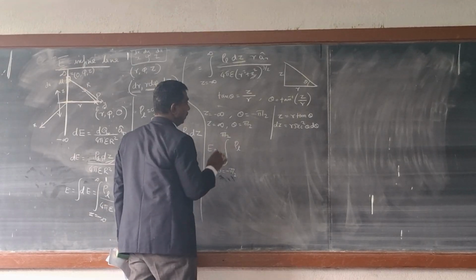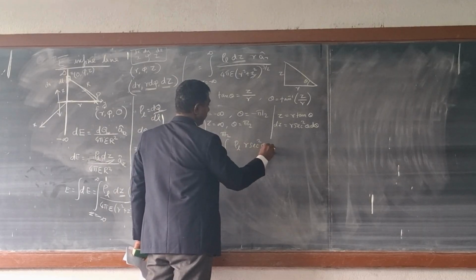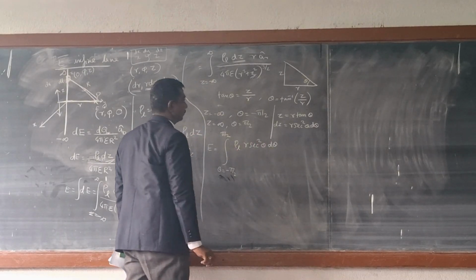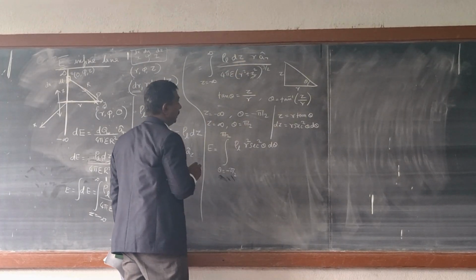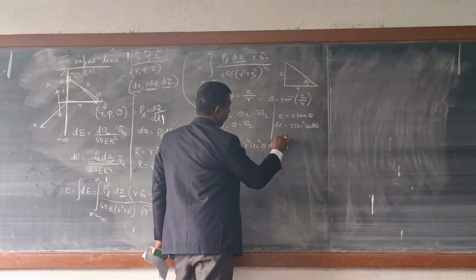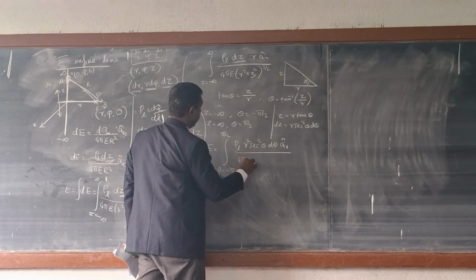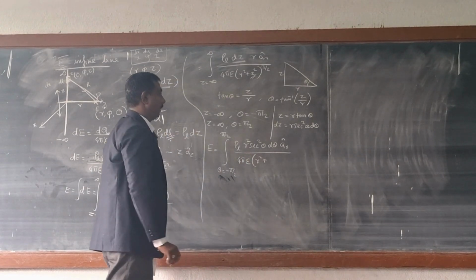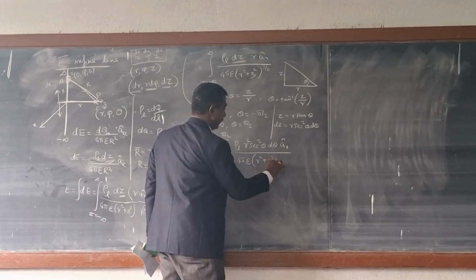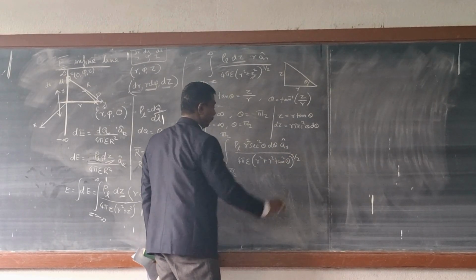Rho L. What is dz? R secant square theta d theta, right? Here one R is there, so R into R square AR cap divided by 4 pi epsilon R square plus Z square, R square tan square theta whole power 3 by 2.